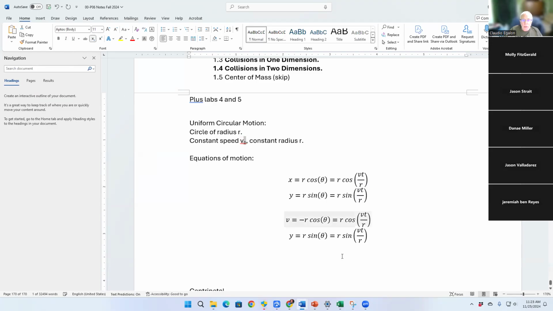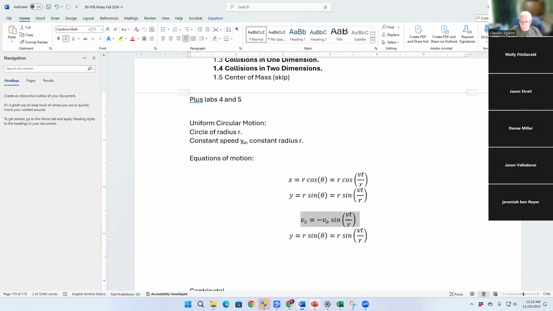Here, we should write down that the x component of the velocity is going to have a negative sign, v naught, and what goes here in theta is not going to be cosine, it's going to be sine, and the argument is going to be exactly the same one.